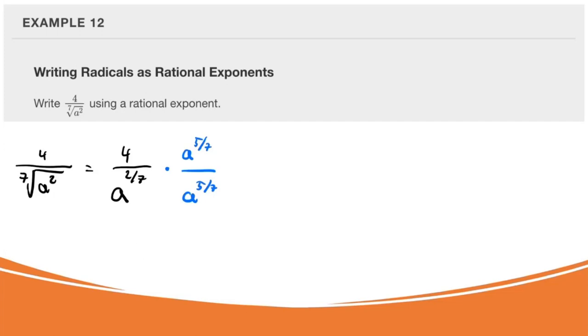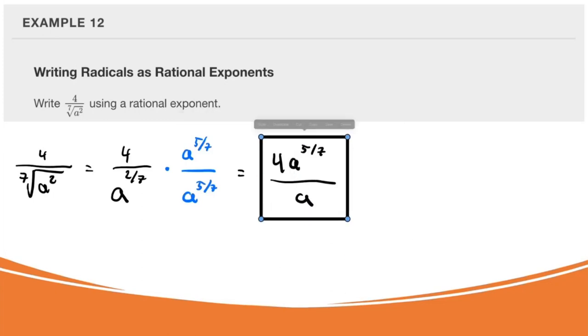Right? And that way it's just a on the bottom. So now on top, we're going to have 4a to the power of 5 over 7 over a. It's either the second point or this one. I'm going to go with this. And if we may have done too much here, but let's see.